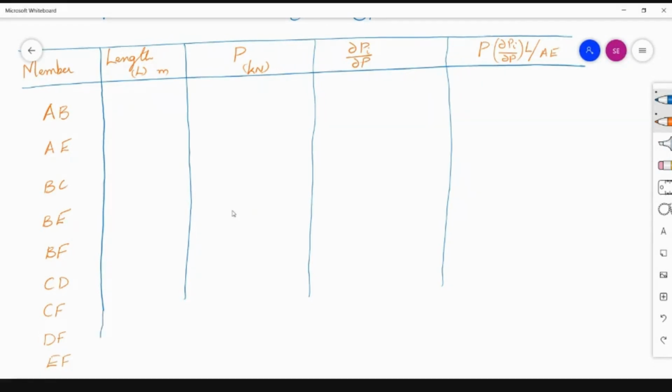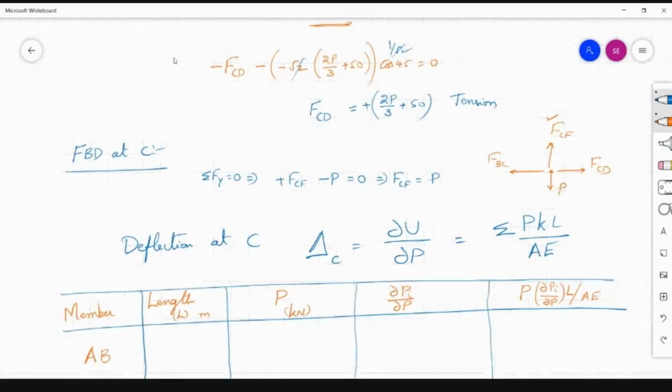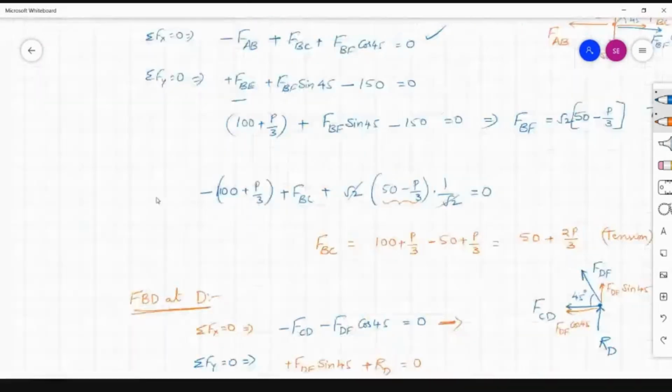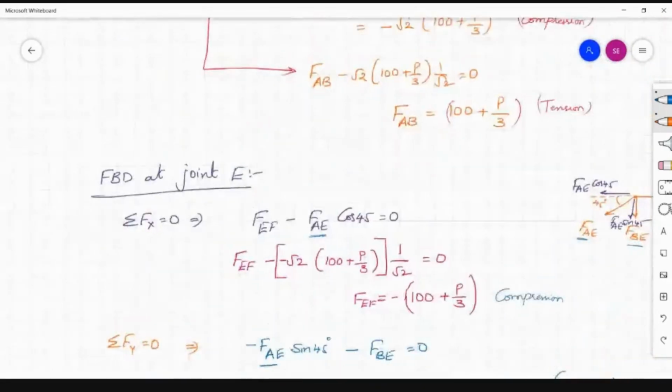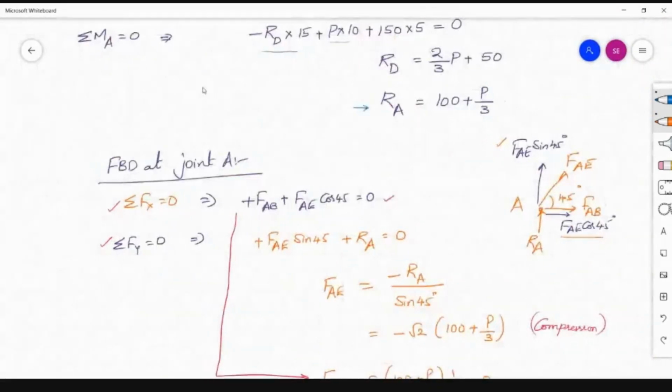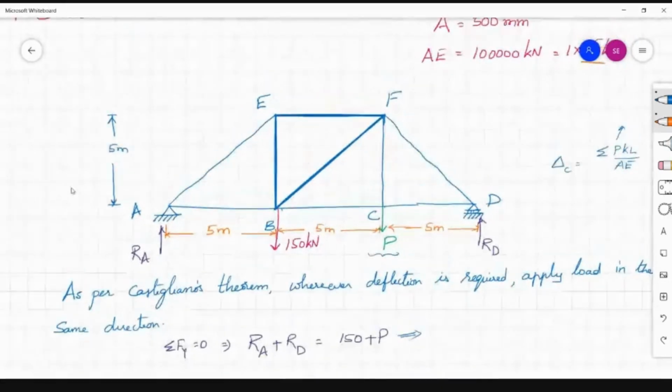So these are the total members. Now write down the length of the members. Here, the members AE, BF, DF are inclined. Just go to the diagram and see the length of the members. Each horizontal member and vertical member is given as 5 meters length.